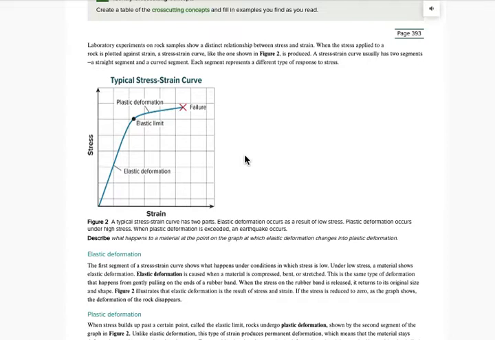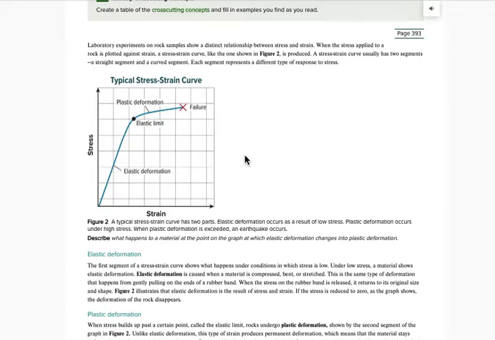So elastic deformation is caused when the rock is being compressed or bent or stretched, and when that force goes away that's causing it to bend or compress or stretch, the rock can be like an elastic, that means sort of like a rubber band, and go back to its regular shape. So when it's all done being pushed or pulled, it'll go back to its original shape.